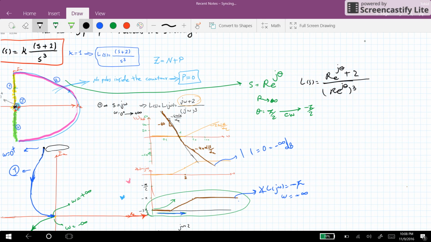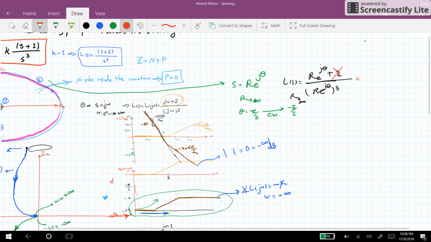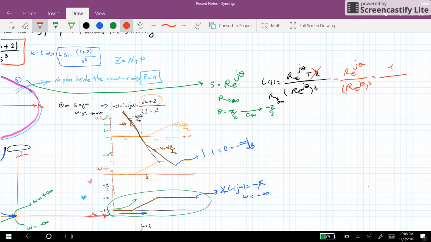And since R goes towards infinity, we can neglect these 2 here. As a result, we will have R e to the j theta over R e to the j theta to the power of 3, or we will end up with 1 over R squared e to the j 2 theta. And we can rewrite it in the form of 1 over R squared times e to the minus j 2 theta.